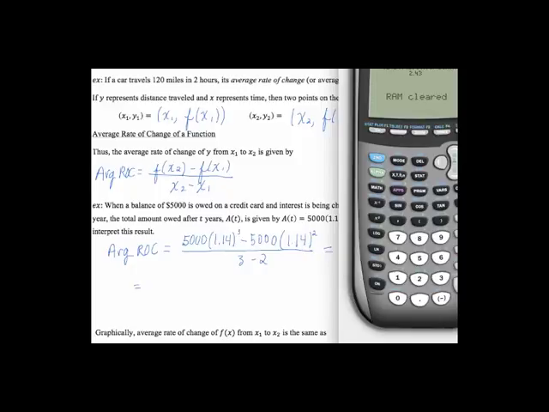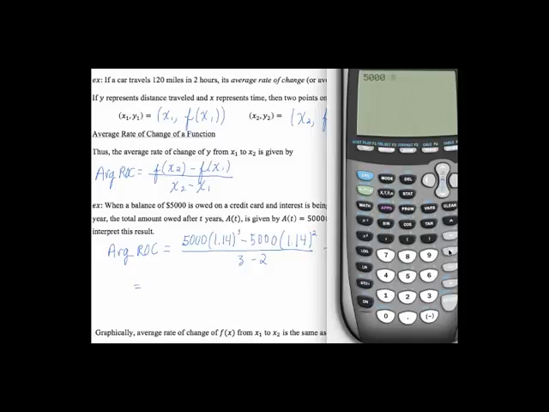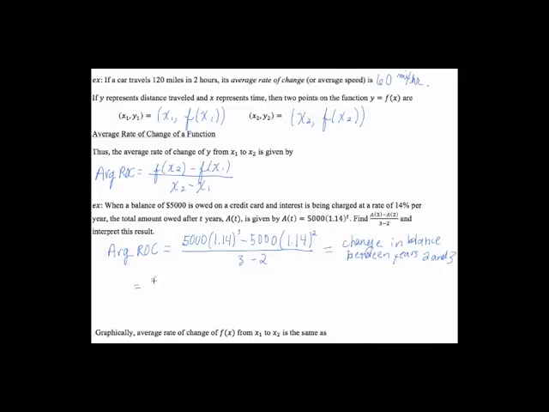So we're going to do 5,000 times 1.14 cubed, so to the power of 3, minus 5,000 times 1.14 squared. And if we do that, we get 909.72.